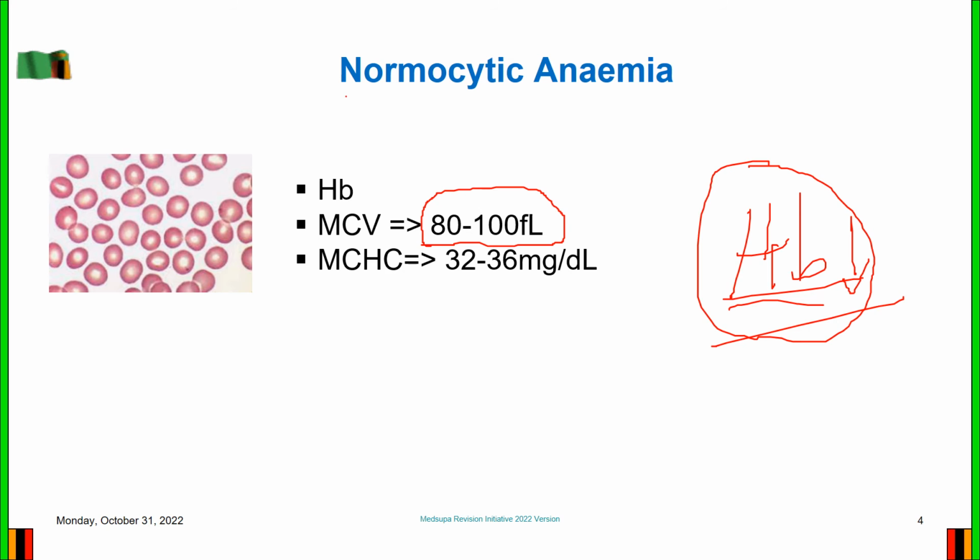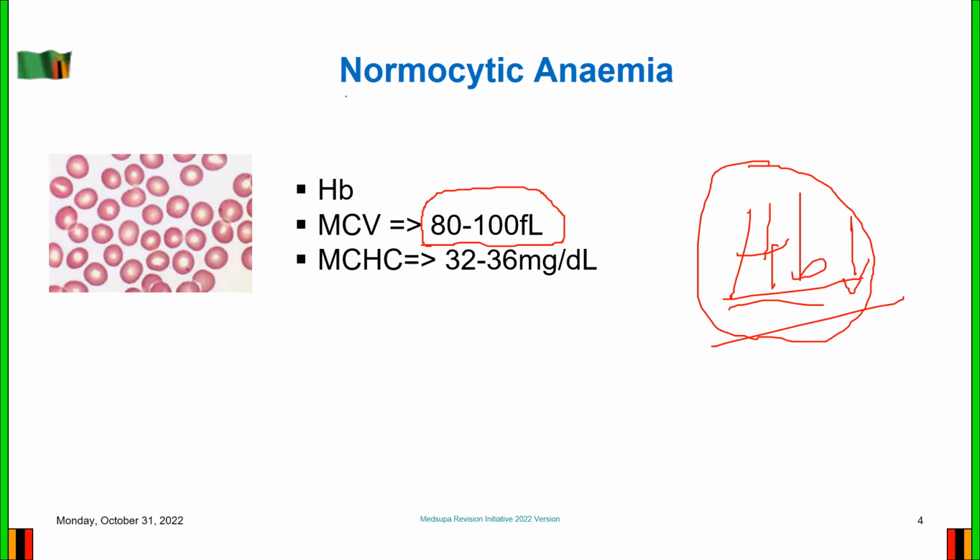That's very important to take note. You will not find a cell that is normocytic and hyperchromic. Actually, hyperchromic does not exist. There is no red blood cell that's able to concentrate above the normal color.